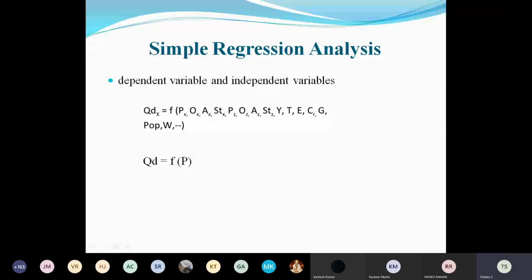All those things take place. So a single dependent variable may depend on many independent variables.